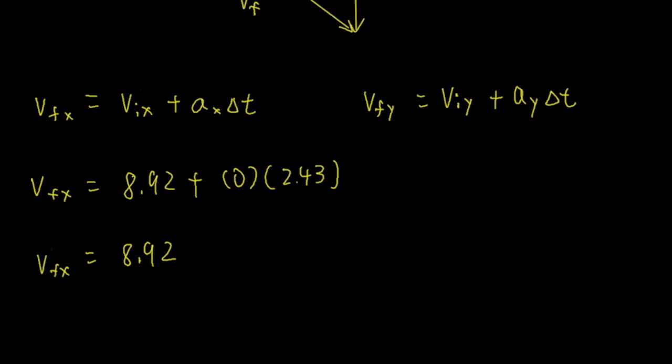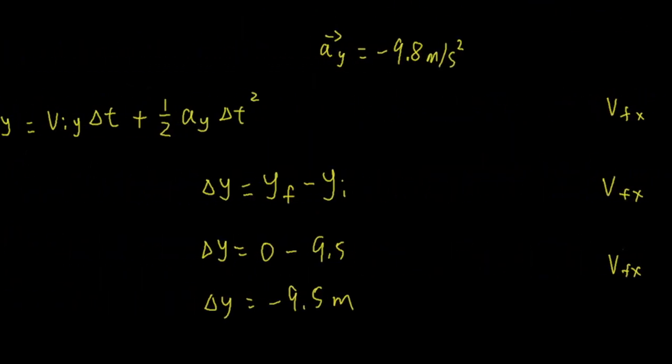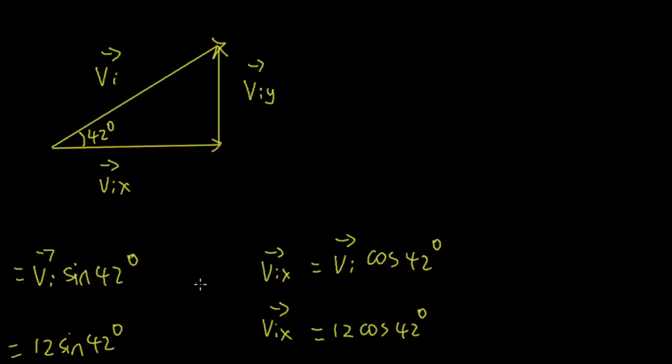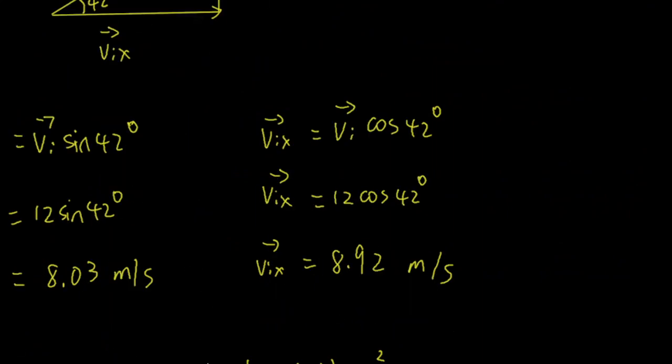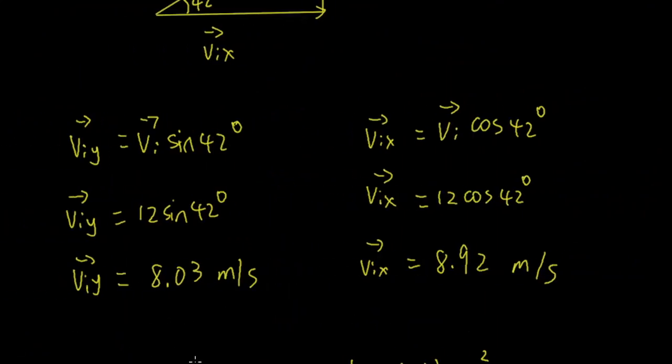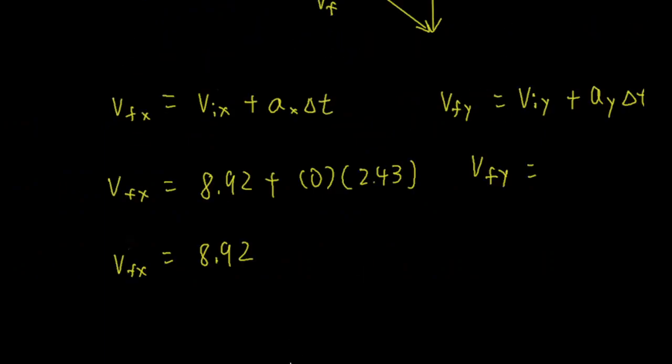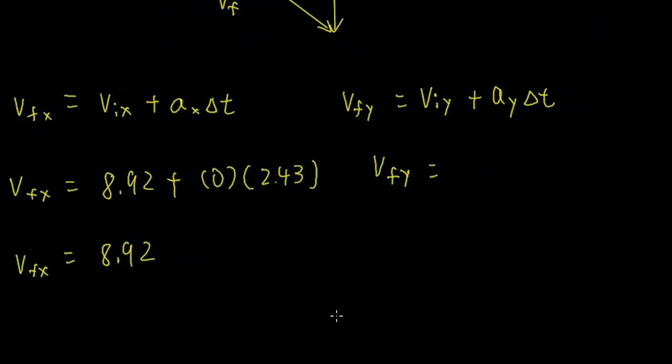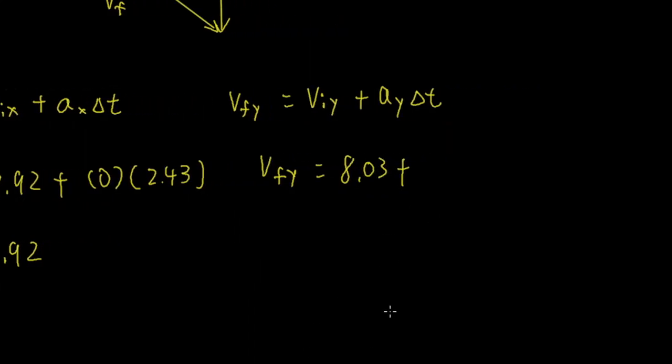Okay, so now let's calculate V final y. V final y is equal to V initial y, which we calculated here, 8.03 meters per second, plus acceleration in the y direction, which is gravity.